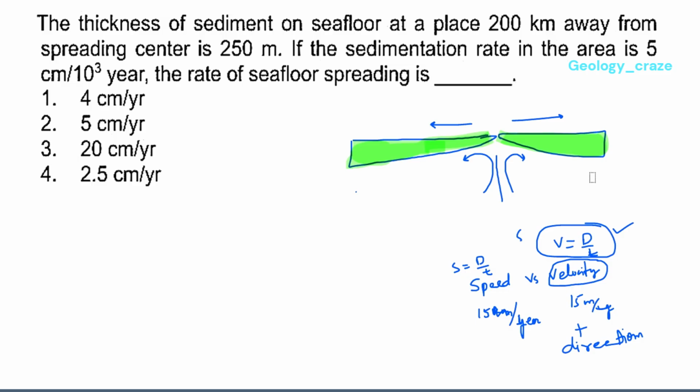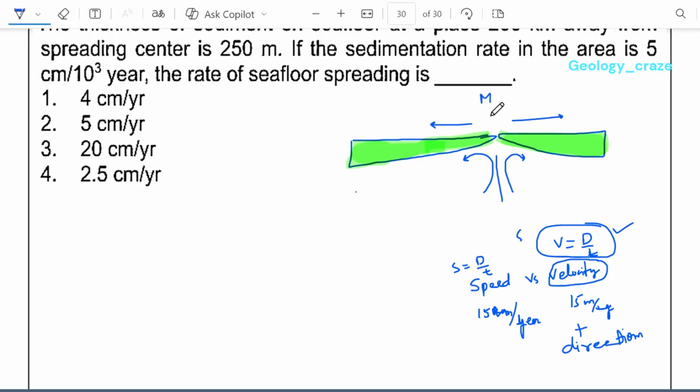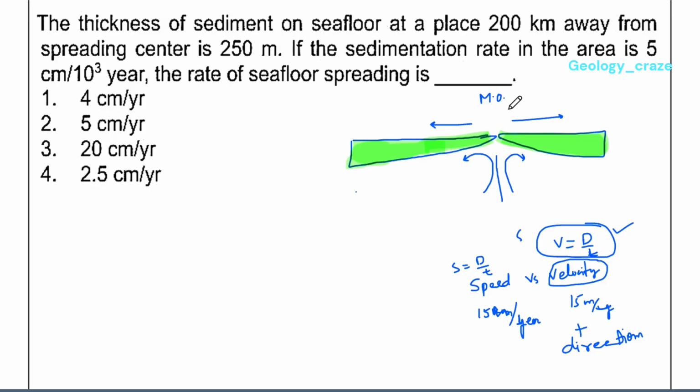Now the other thing is that during the formation of the oceanic plate at the mid-oceanic region, this is our mid-oceanic ridge part, where the new plate is created. Here the new plate is created, and with this, sediments get deposited in the sea also.